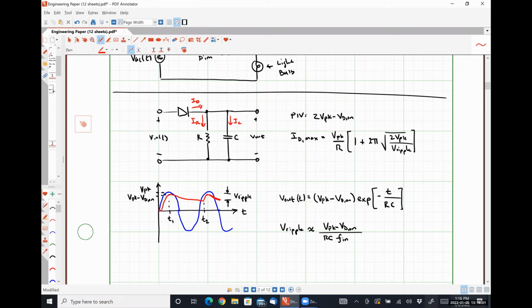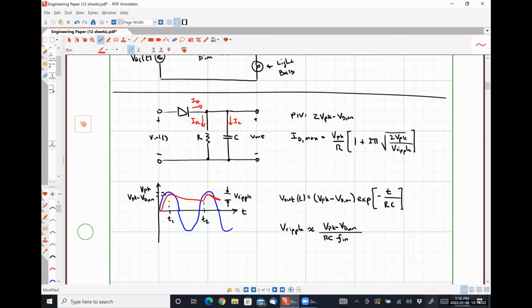The absolute worst case scenario would be they're the exact same, because you're allowing the capacitor to fully discharge. So with V ripple over V peak, it's just weird. I don't know. I'm happy saying I don't know.